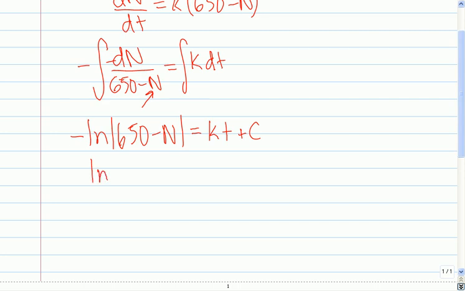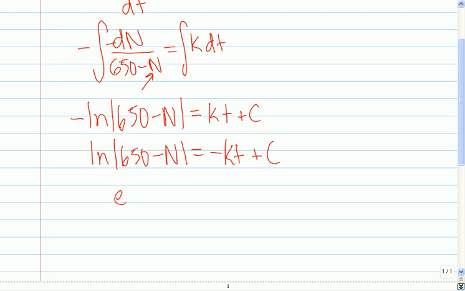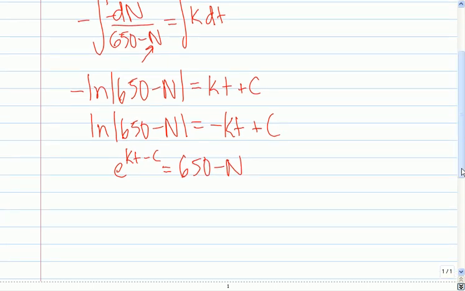So this is going to become the natural log of 650 minus n equals negative kt. And I know that's strange, but it's still plus a constant, even though the constant could be negative. So if I continue to work this out, I'm going to get e to the kt minus a constant is 650 coyotes minus the current population. So the end result is going to look like this.